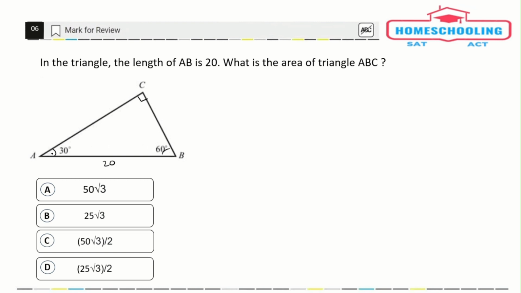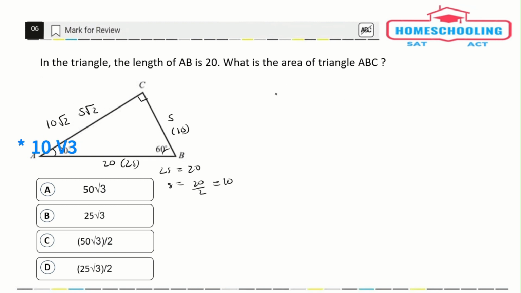So we know that opposite to 90 degrees is 2s, and opposite to 60 is s root 2. So as we know, 2s is 20, so s would be 20 by 2, that would be 10. So s is 10, so BC would be 10, and AC would be 10 root 2.